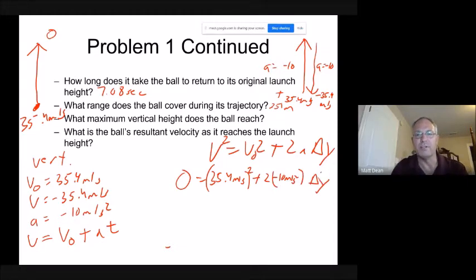And we're looking for delta y, so we've got to solve this for delta y. I'm going to square 35.4, and actually, I should subtract that from both sides. So I'm going to end up with negative 1253.16.